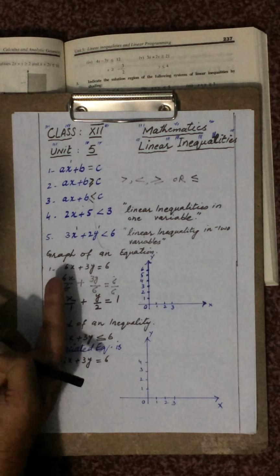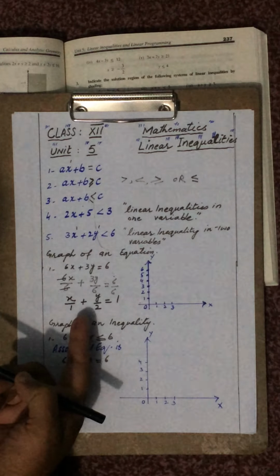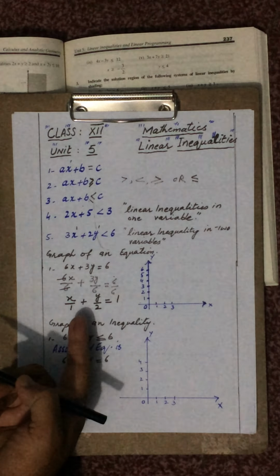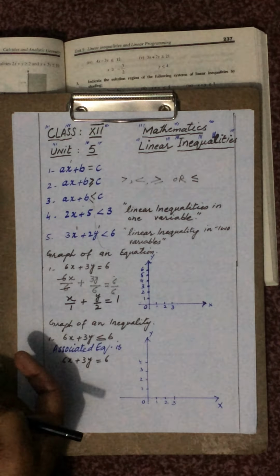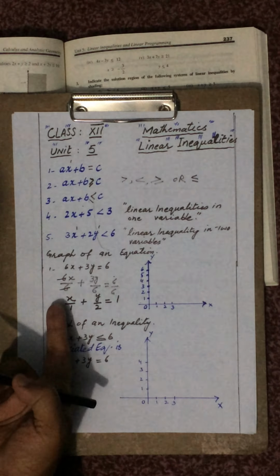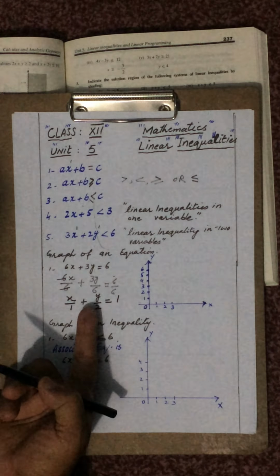Now we have written this equation in this form. This is known as the two-intercept form of an equation, where 1 is the x-intercept and 2 is the y-intercept.